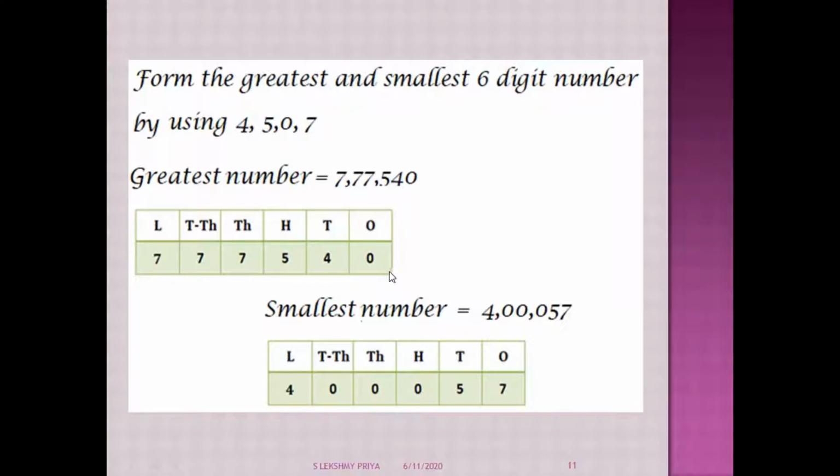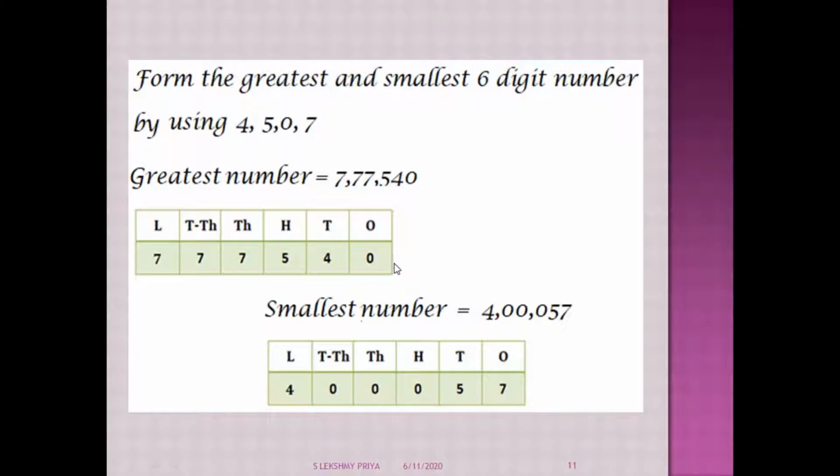In the ones place we need to write the smallest one, 0, then 4, then 5 and 7. The 2 places left, we will write 7 there itself. So 7 is repeating in the greatest number. So it is 7,77,540.